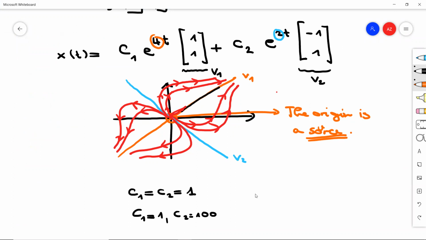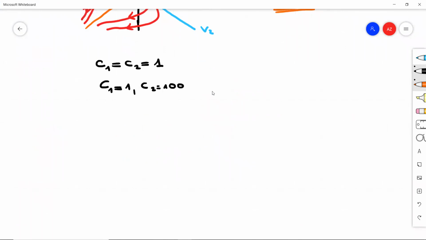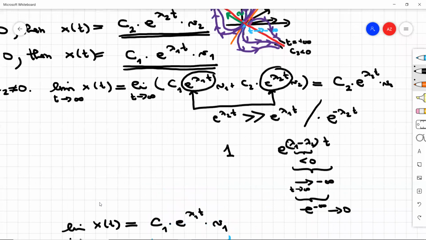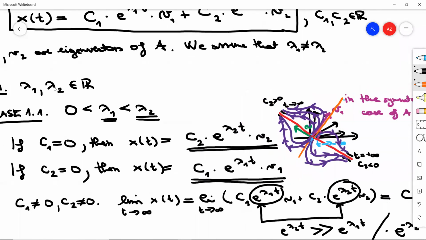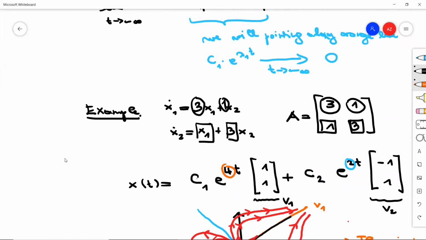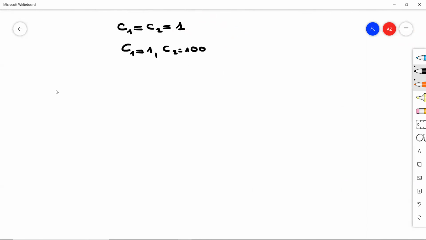Okay, let's continue. So recall that our first case was that both eigenvalues were real and both were positive. And now let's take an example where both of them will be negative. So subcase 1.2.